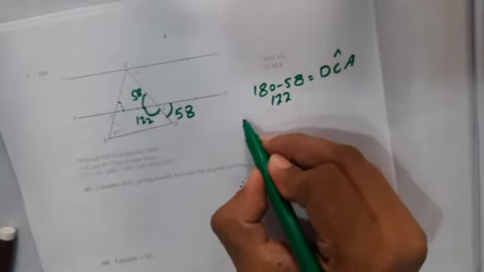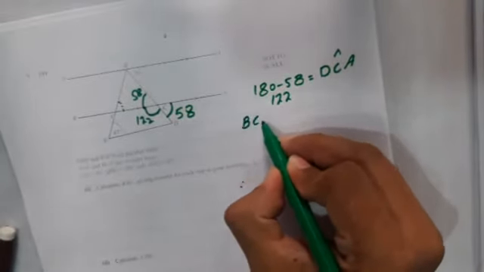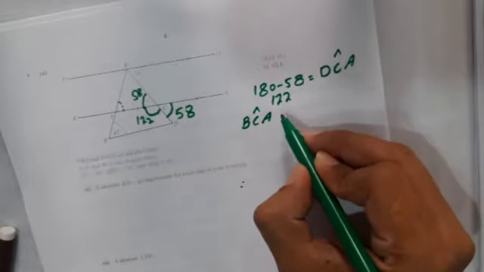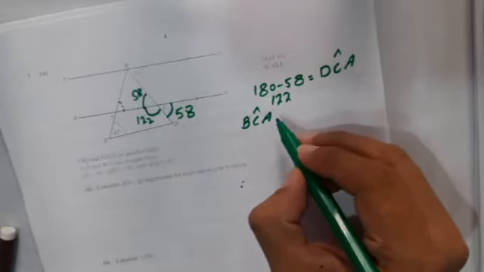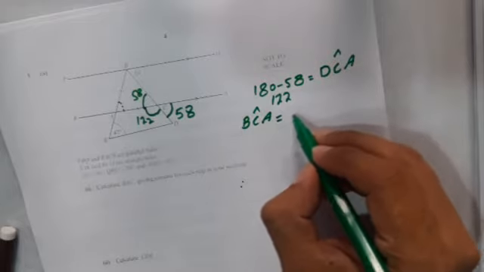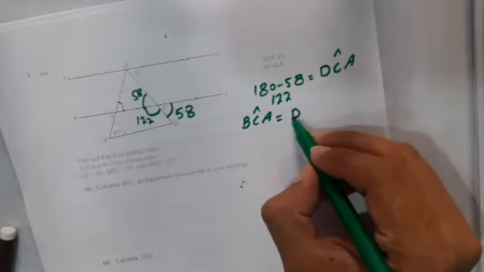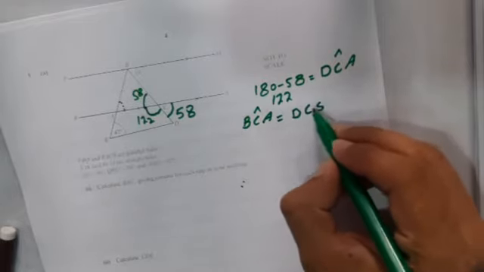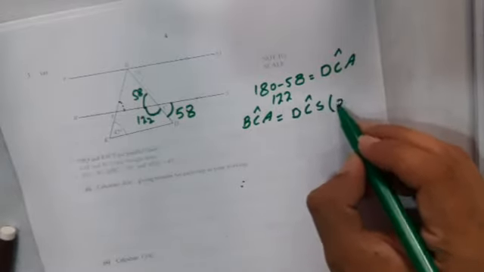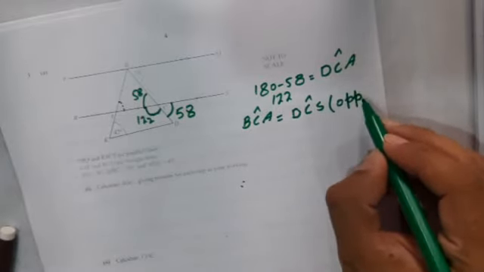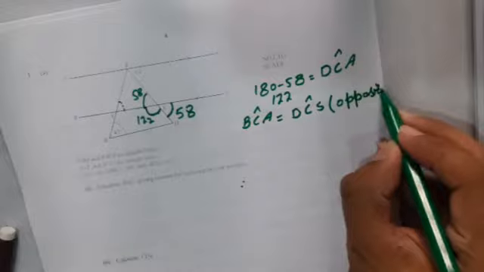So you can say BCA is equal to DCS because opposite angles. This is opposite.